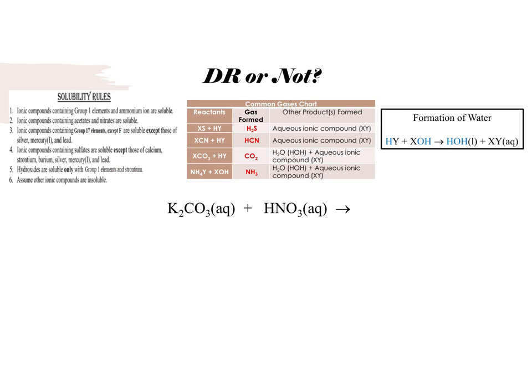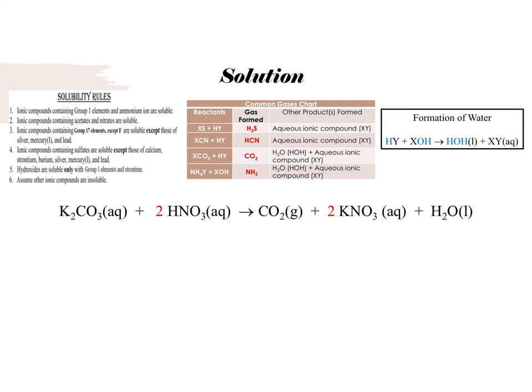All right, we are getting close to the end, not quite there. Go ahead and try this one, see what you get for your products, and then turn it back on to see how you did. This one shows a carbonate reacting with an acid, so that's up here in the common gas chart. I know I'm going to get carbon dioxide gas.